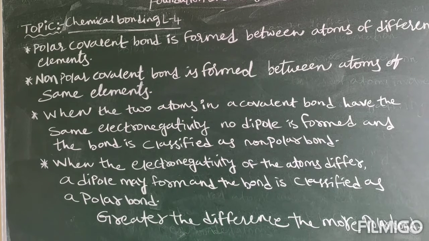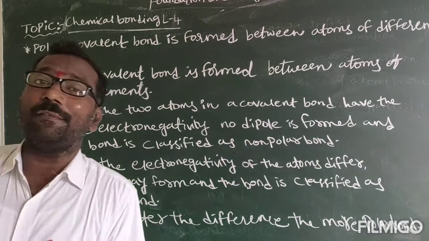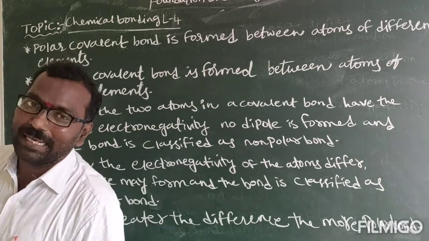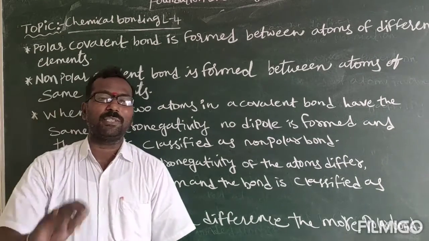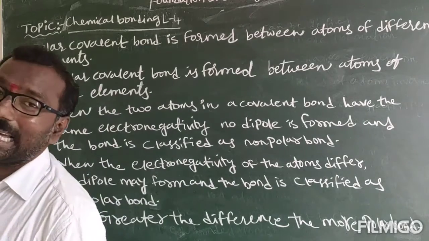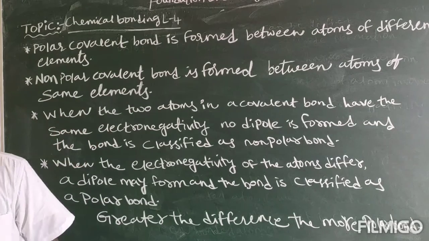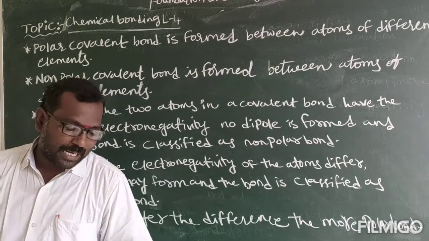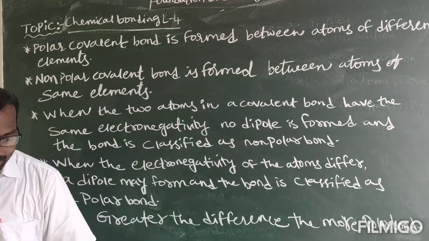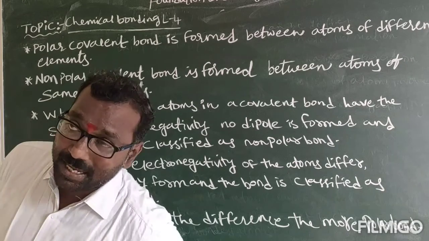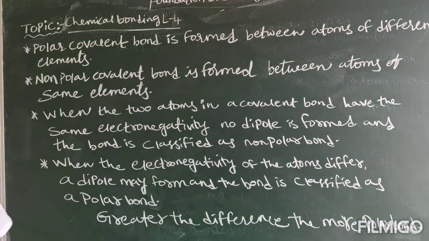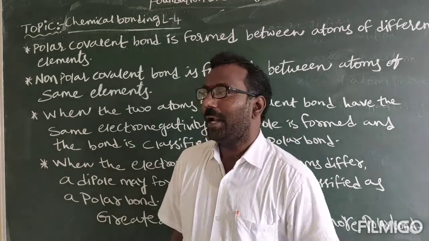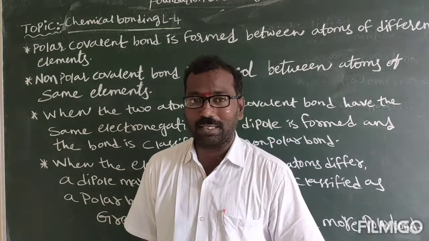So in the previous class I said, if the electronegativity difference is at least 1.9, then only an ionic bond is formed. If it is less than 1.9, then it forms a covalent bond. If the electronegativity difference between the atoms is less than 1.9 or 1.7, in some books it is taken as 1.9 and in some books as 1.7.